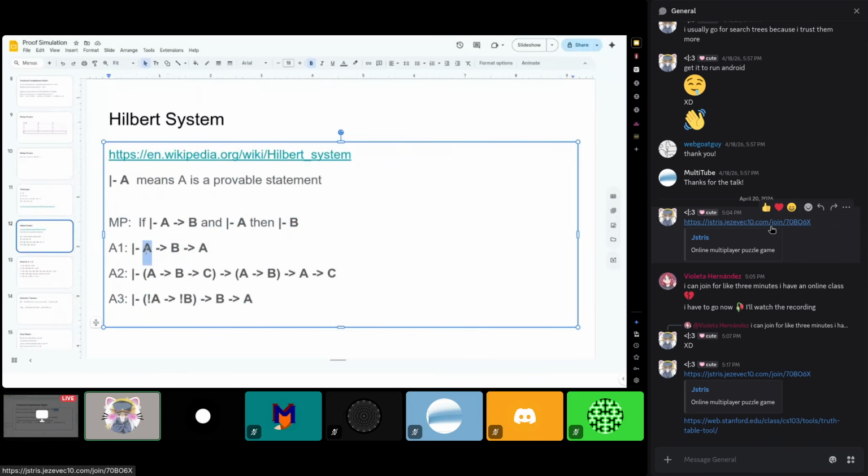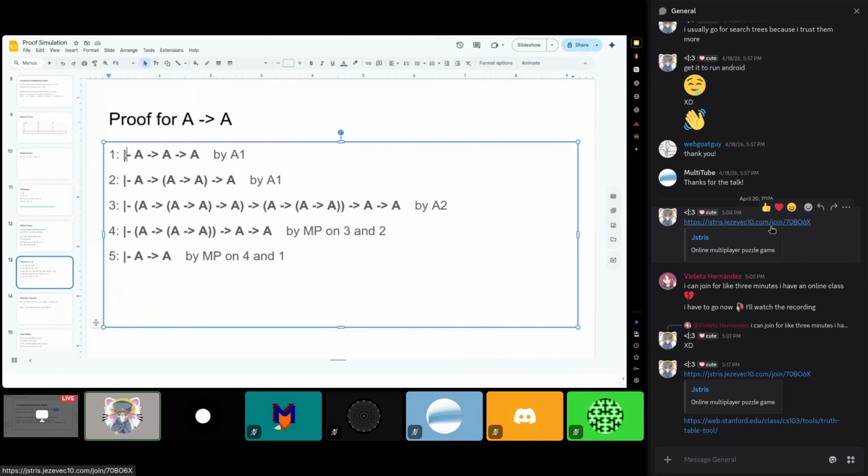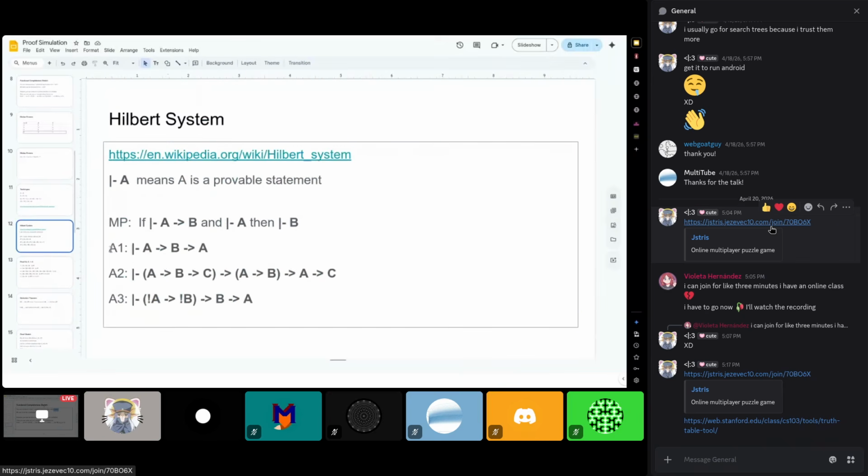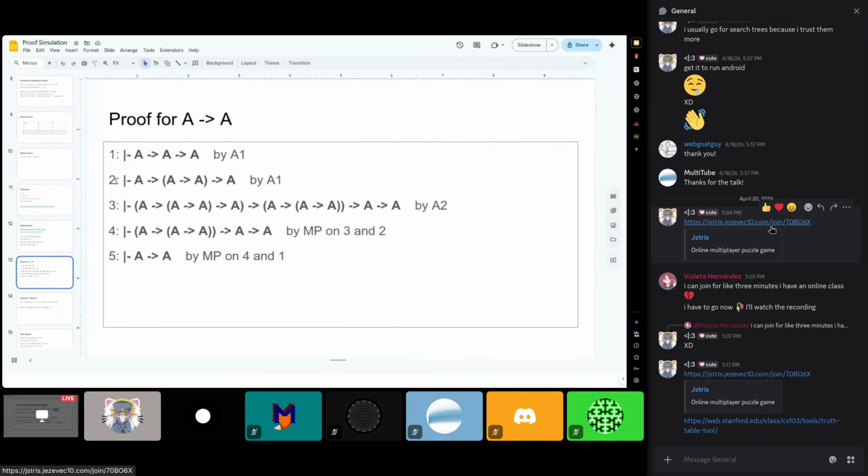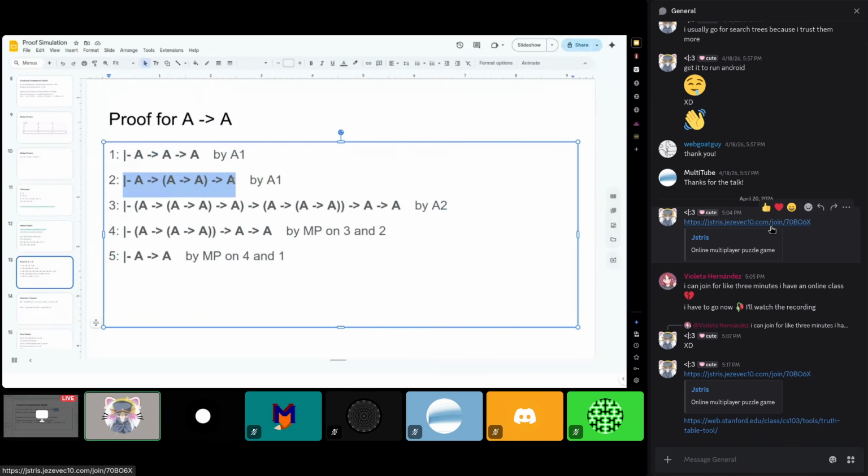In this case, just assume it's some composition of arrow and not, or just a variable. All right. So we can prove A implies A implies A by this A1 axiom by picking A to be A and B to be A. Similarly, by A1, we can prove that A implies A implies A implies A, right? By picking B to be A implies A, all right?